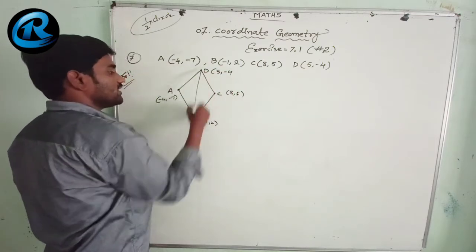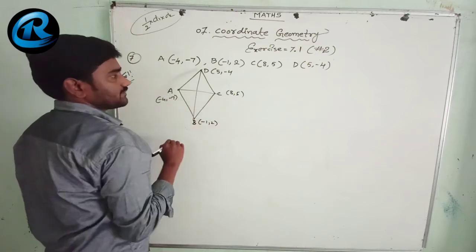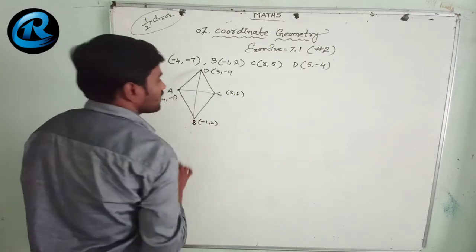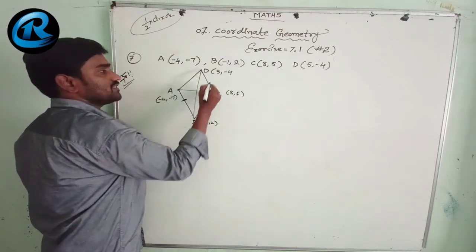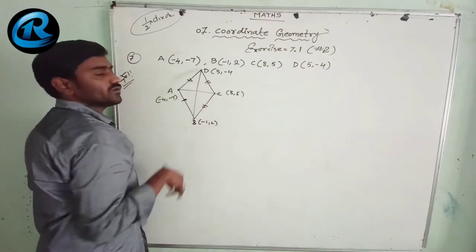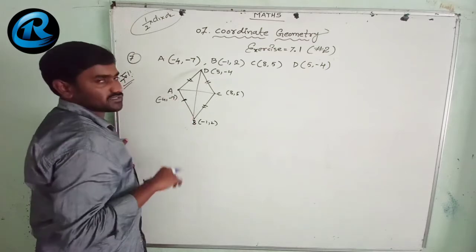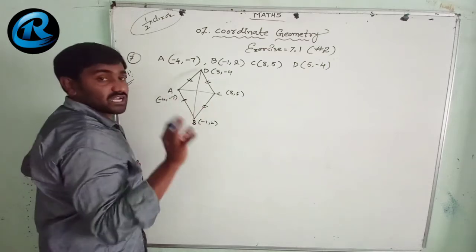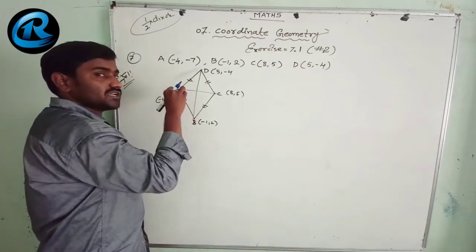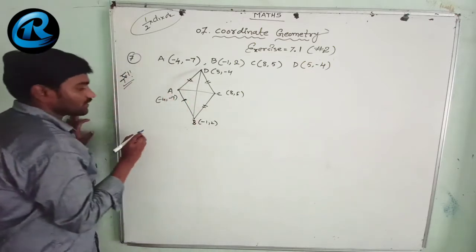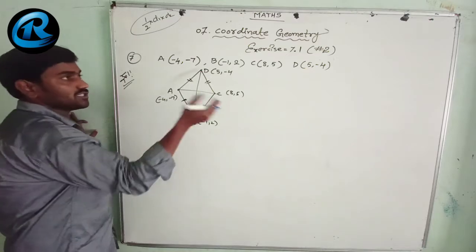Draw the diagonals BD and AC. So what we have to show? Here AB distance equals BC distance equals CD distance equals AD distance. All the sides are equal in the rhombus and diagonals are not equal, else it is a rhombus. If all sides are equal and diagonals are equal, it is a square. So remember these properties, what I told just before.